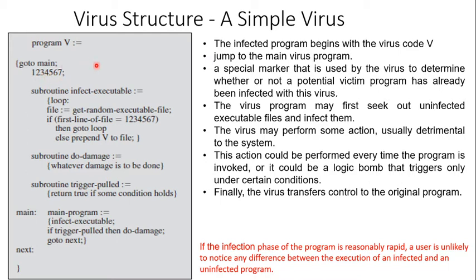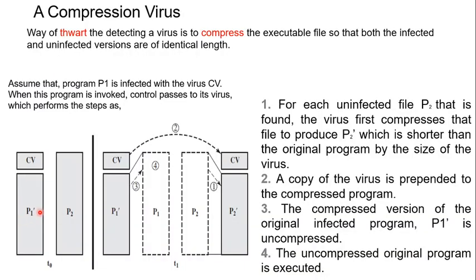If any file is affected, definitely this number will be prepended to that file. Remember, how can you say P1 is affected? Only if the CV is at the beginning of P1. Here you see P2. Is P2 affected?